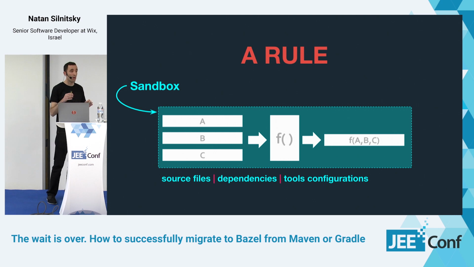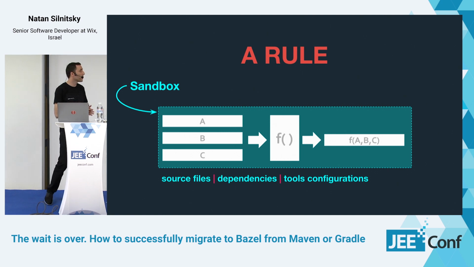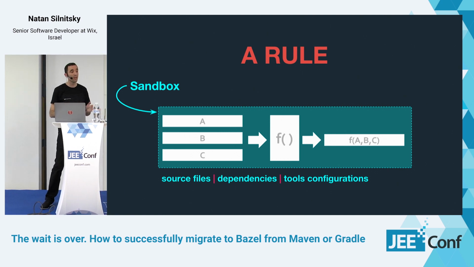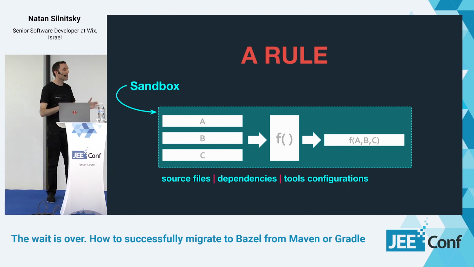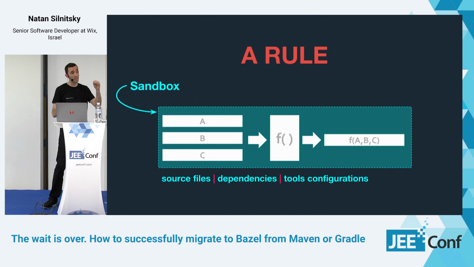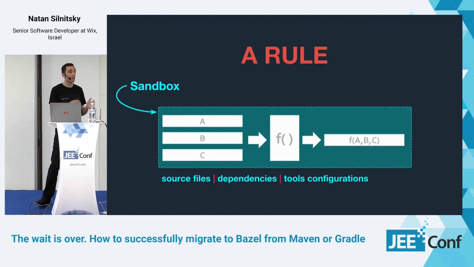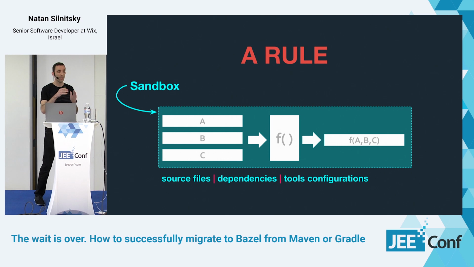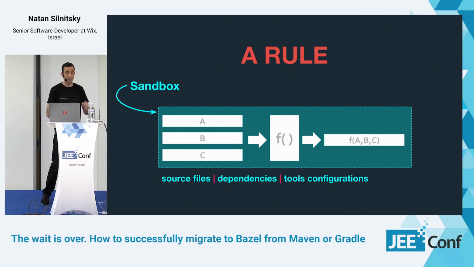Now, this action, a compilation or test, will run inside a sandbox. That means that if you have any kind of input, like some file anywhere that you have not explicitly declared in your configuration, then you have the risk that the build will fail, because Bazel will not find it, as it sandboxes the part of the file system that you have defined explicitly.